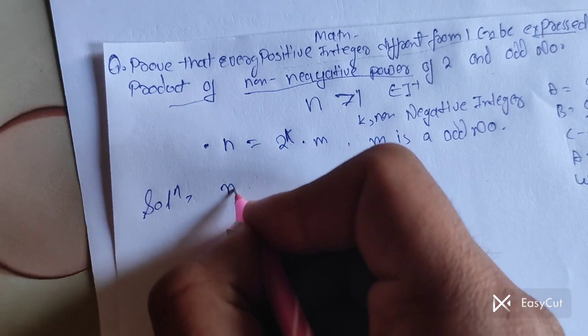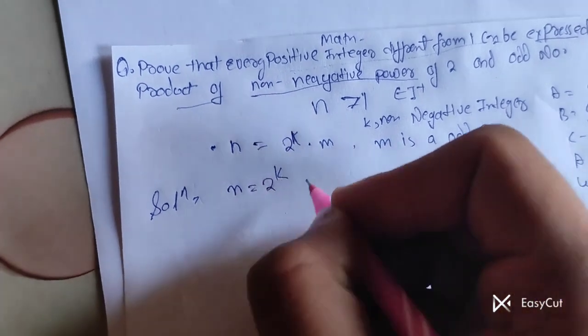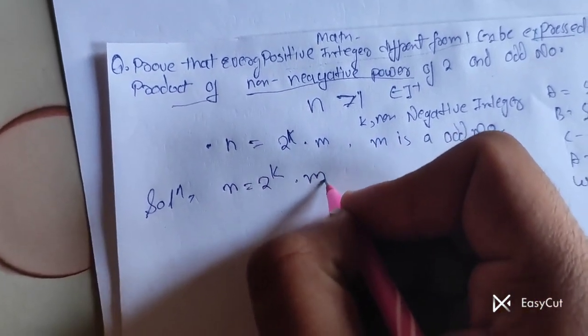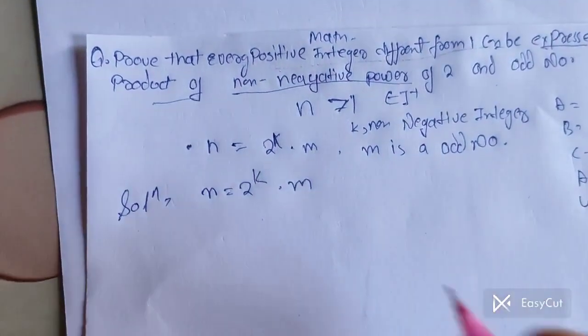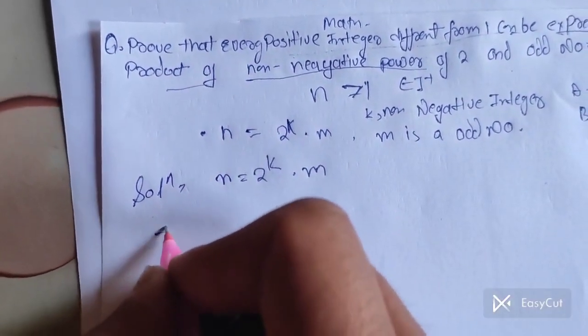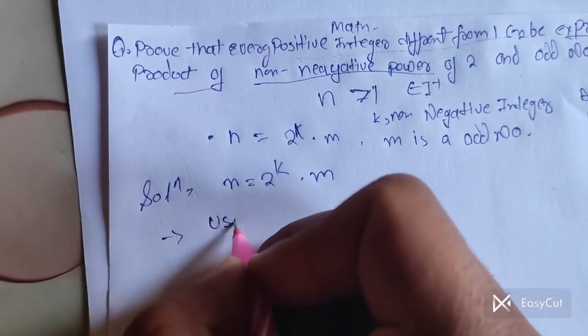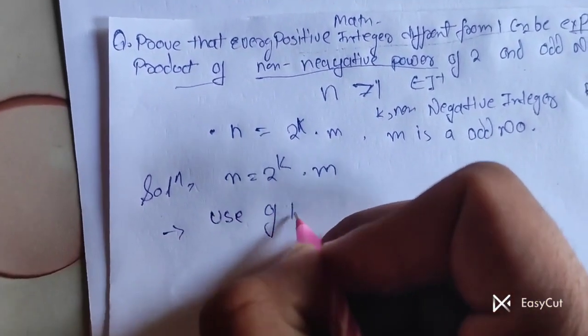We want to prove that n is equal to 2 to the power k times m, where k is a non-negative integer and m is an odd number. Okay, now using the fundamental theorem of arithmetic.